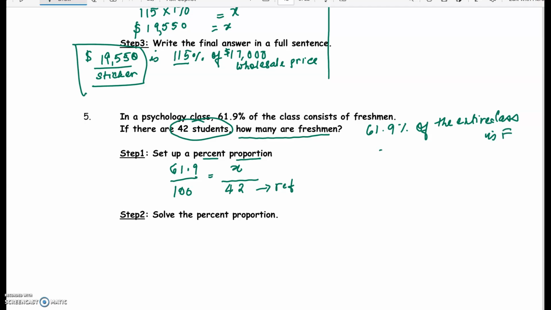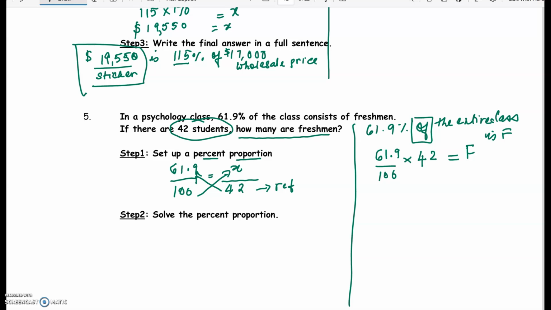So 61.9% of, so times the entire class is equal to the number of freshmen. So that's another way of setting up the same equation, but we've set it up as a percent proportion.